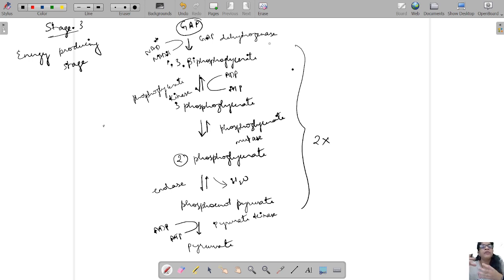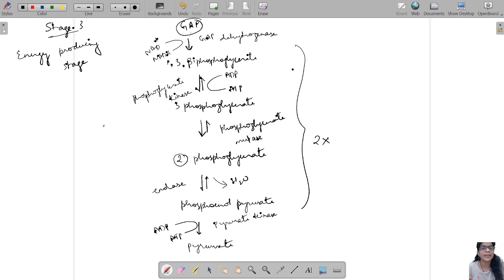At the same time, when a hydrogen atom is removed and attached to another molecule, that molecule is called a reduced molecule. Reduction happens. Here glyceraldehyde 3-phosphate gets converted into 1,3-bisphosphoglycerate, and the hydrogen atom goes to NAD, which gets reduced to NADH.